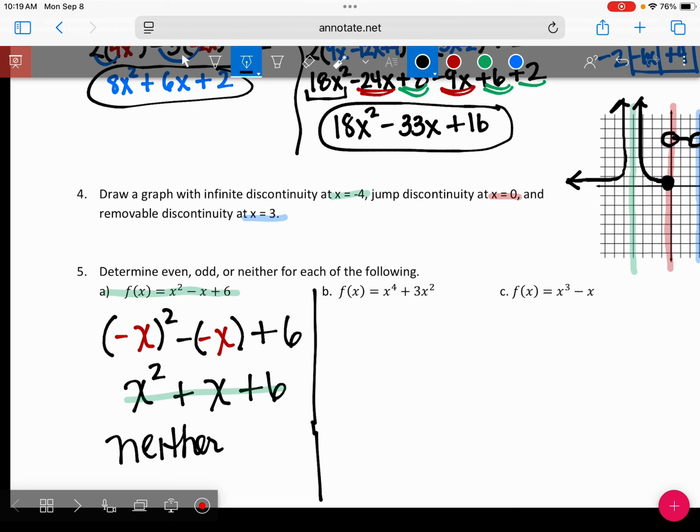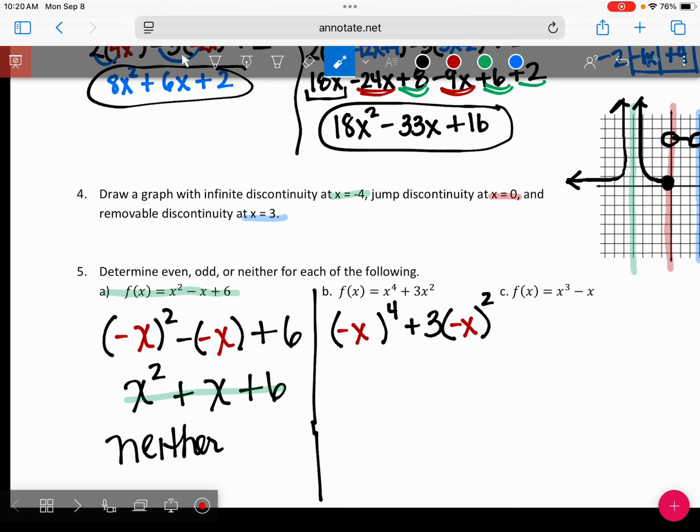All right, let's go ahead and look at B. So I have x to the fourth plus 3x squared. Again, I'm putting in my negative x. Now we do know that whenever we take a negative to an even power, like 4 and 2, they go back to the original form because the negative squared is positive.